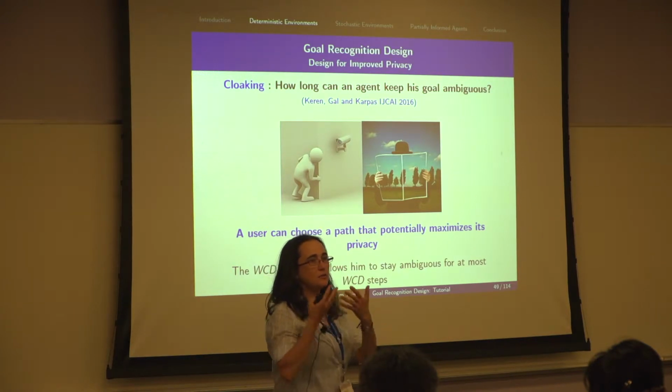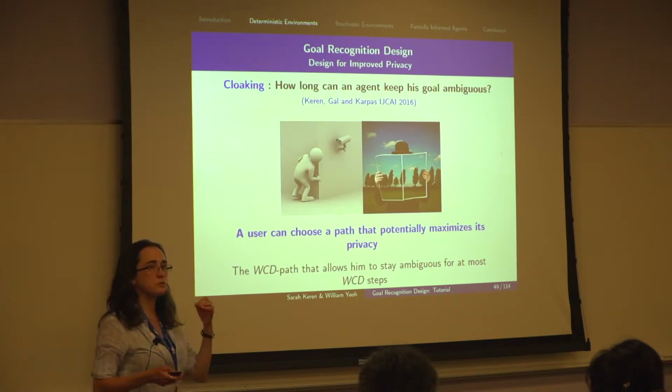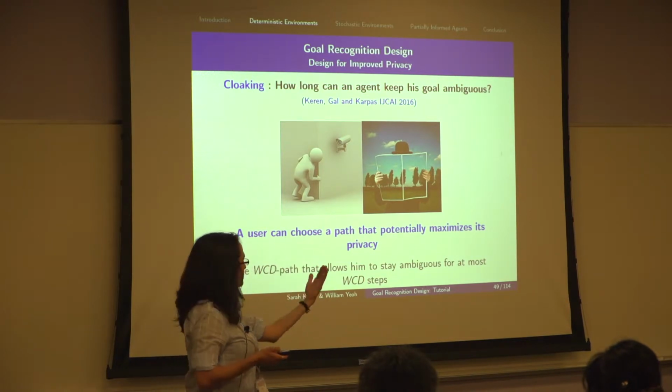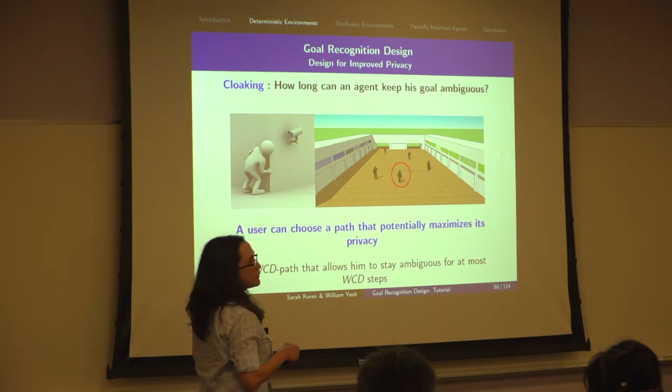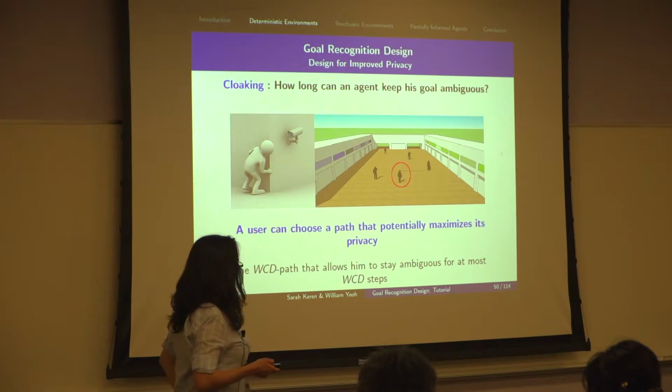So it's a way to compute a plan that maximizes privacy, in the sense that the maximal number of steps, when we reveal the worst case distinctiveness path. We tell this agent, hey, if you walk all the way up to the wall, you will conceal your goal as much as possible.